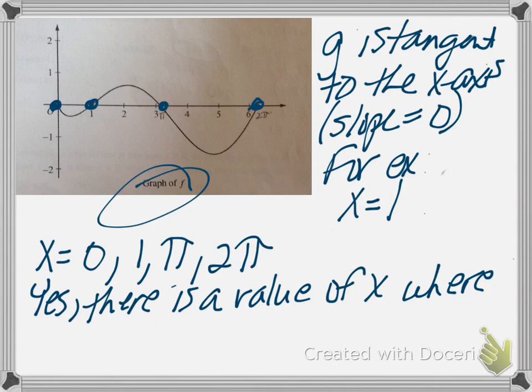Okay, just something like that. But as long as you have something like this, then that would be why. They really just want to know that you know that you're looking for a slope of 0 and that g prime is equal to f. And that's that.